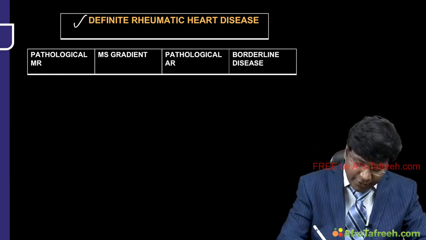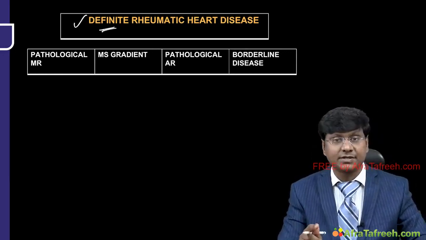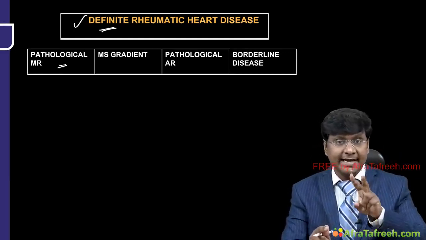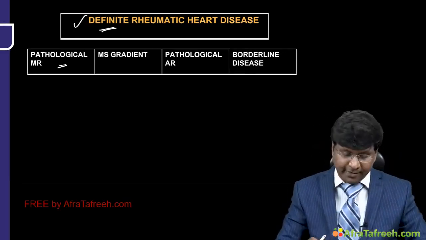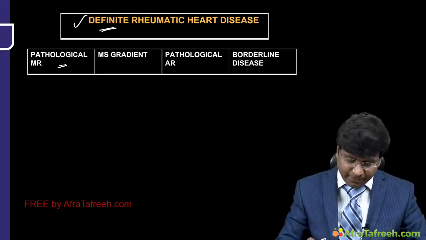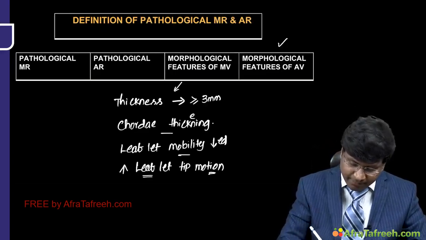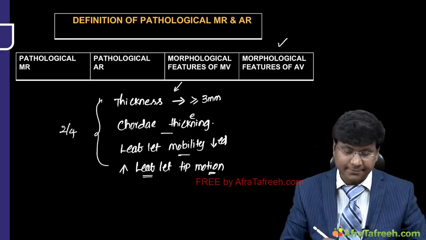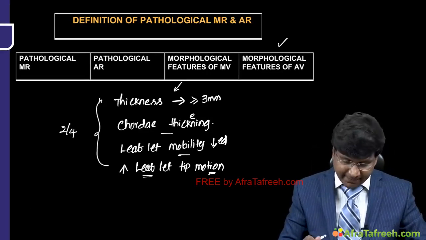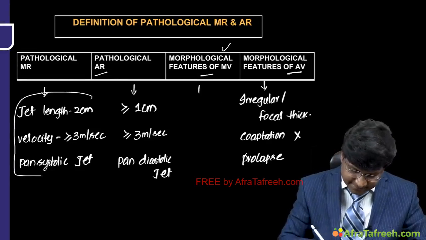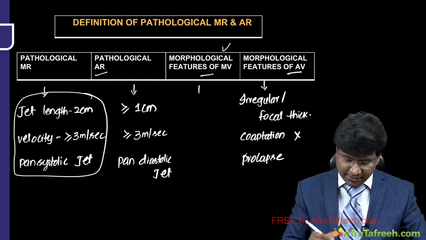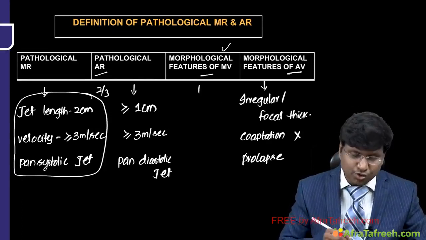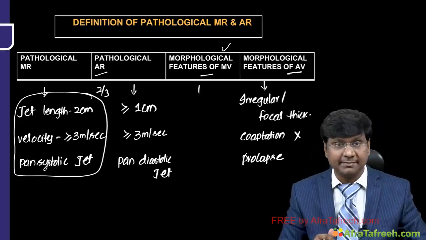There should be pathological MR, and at least 2 morphological features of rheumatic heart disease of the mitral valve should be present. Either of these 4, at least 2 should be there. Or you take these 3: jet length, velocity, pansystolic jet. Out of these 3, at least 2 should be there to call it pathological MR.